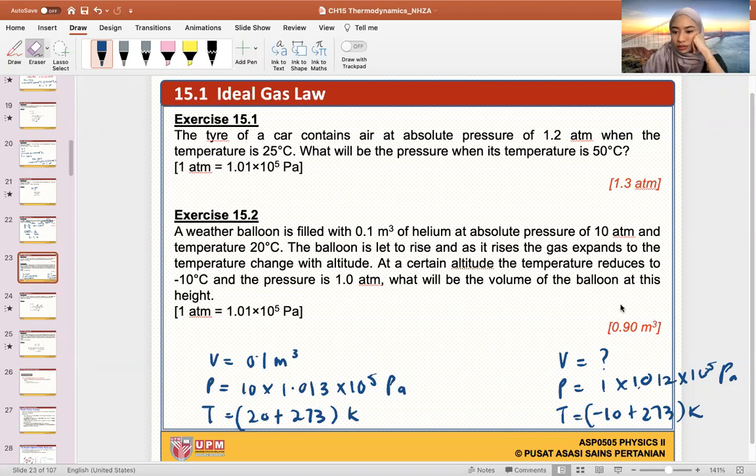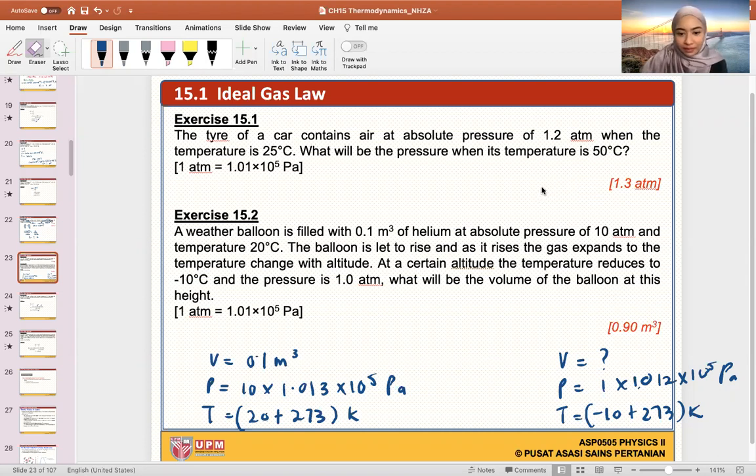Admit. Danish pun dah pernah. Siapa yang belum? Siti Hajar. Saya rasa belum kot. Is Siti Hajar there? Yes. Tak pernah panggil awak kan? Okay. Takut je nak jawab.